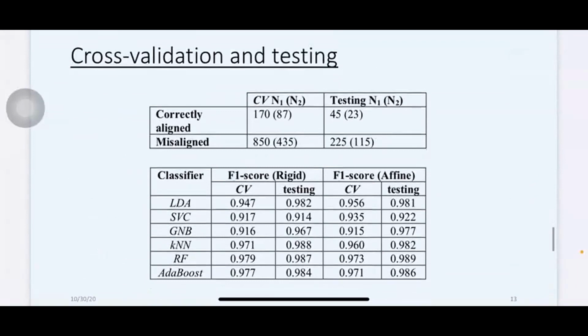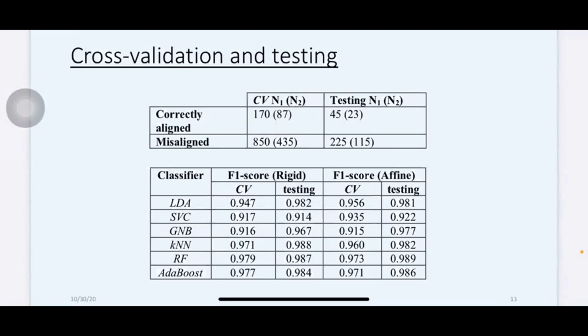For cross-validation and testing, we used a data set from ABIDE, the Autism Brain Imaging Data Exchange. We considered 215 T1 weighted images. Out of that, 170 images were used for cross-validation, and the remaining 45 were used for testing.